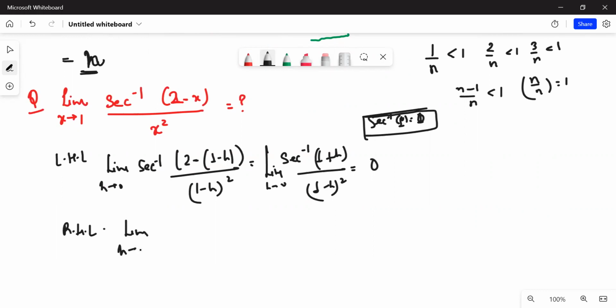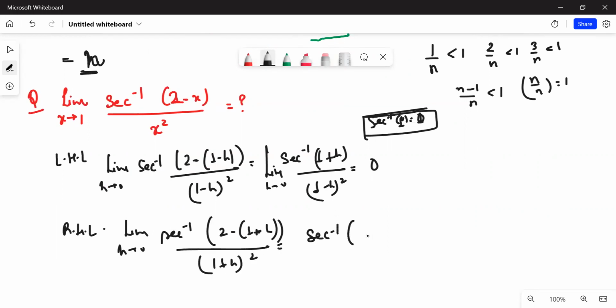Now if you take limit h tends to 0, and if you want to find secant inverse of (2 minus (1 plus h)) divided by (1 plus h) whole square, now there would be a problem because secant inverse, however small you take h, in any case this argument is less than 1, however small h tends to 0 you take, you are slightly less than 1.